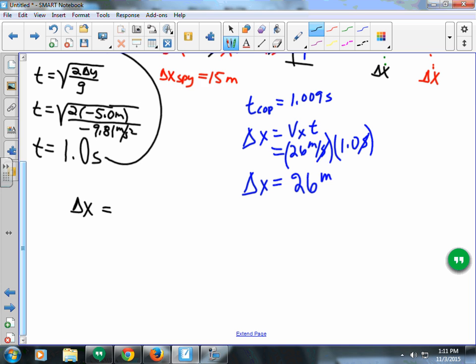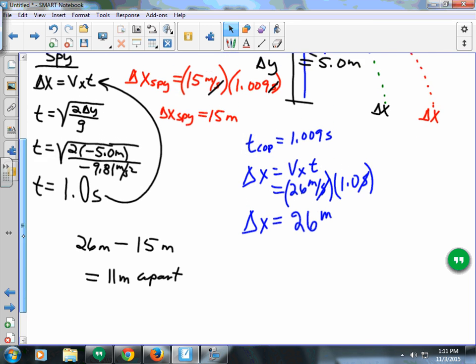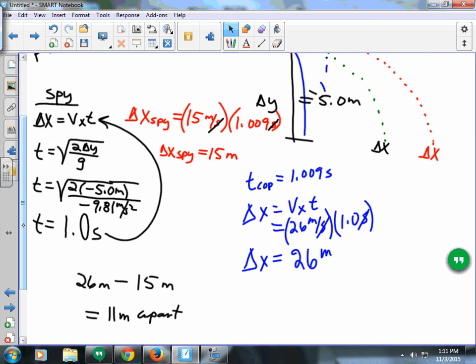Okay, so they are going to be 26 meters and 15 meters. They're going to be 11 meters apart, the two boats? So that means the cop's going to hurry up and turn around and go back after him? It'd be hard to turn around going at 27.